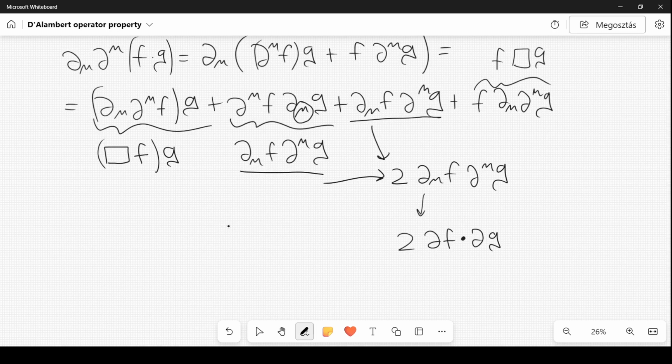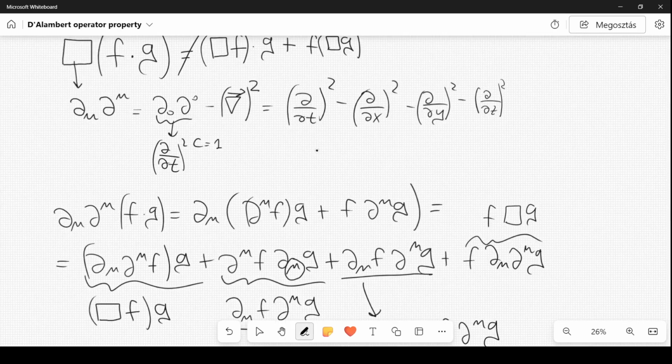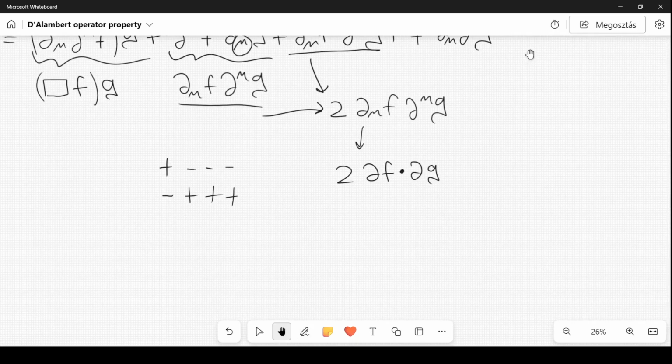So you have a signature there, either plus, minus, minus, minus, or in some other cases it can also be defined with a different signature. So it depends on how you define these objects. So in this case, I have used the signature plus, minus, minus, minus, but this is actually a convention, and if you consult different books, you might have different conventions.